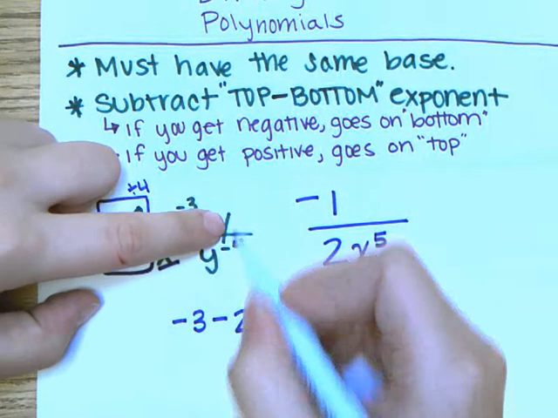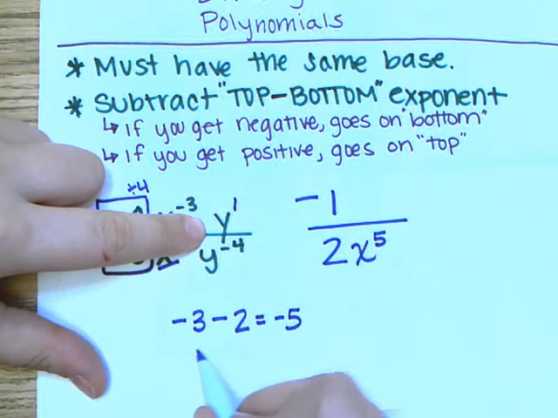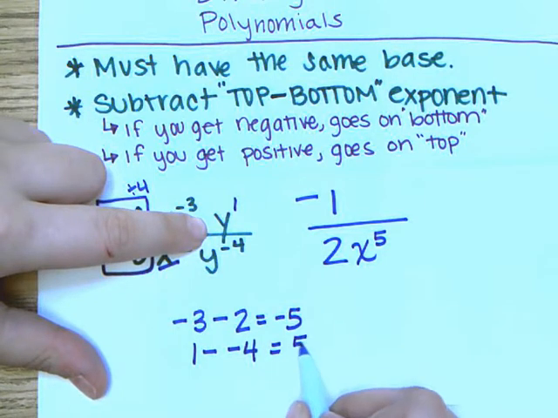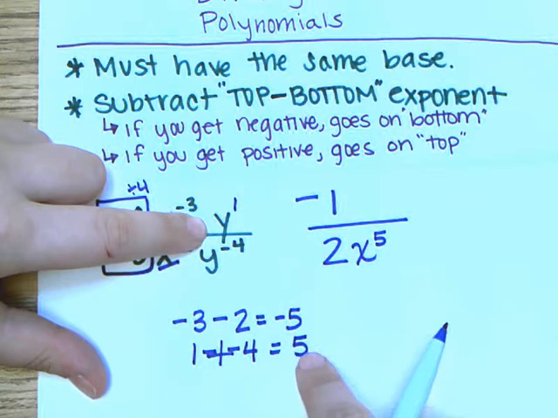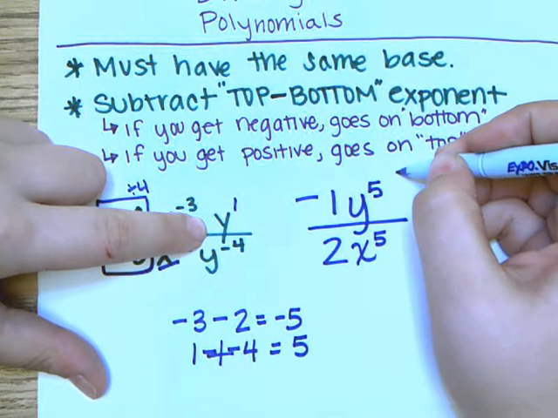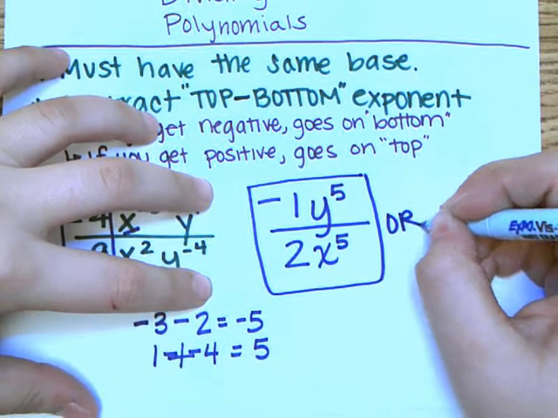And it's negative, so we're going to have x to the 5th in the denominator. And then here, every variable has an exponent, so there's a 1. So 1 minus -4 is 5, because these make a positive. So because it's positive, it will go in the numerator.